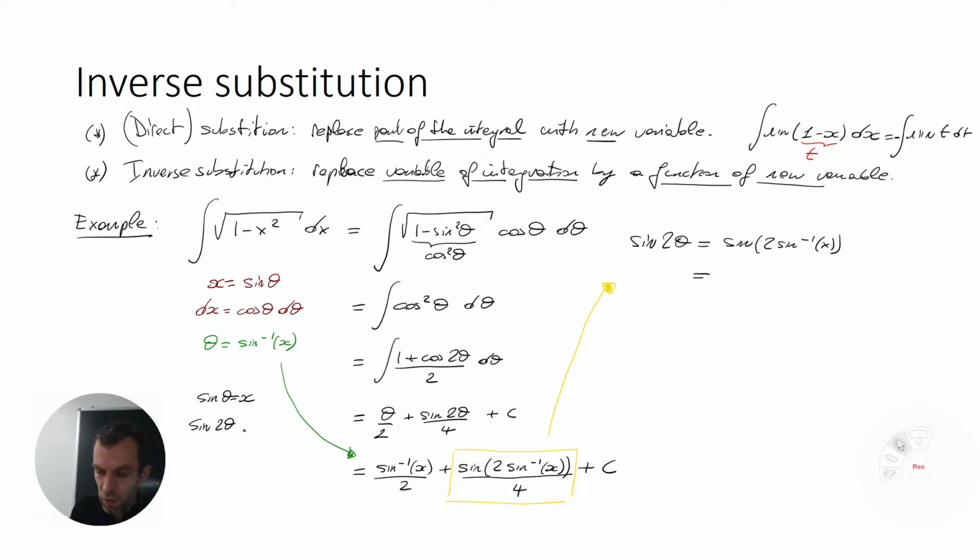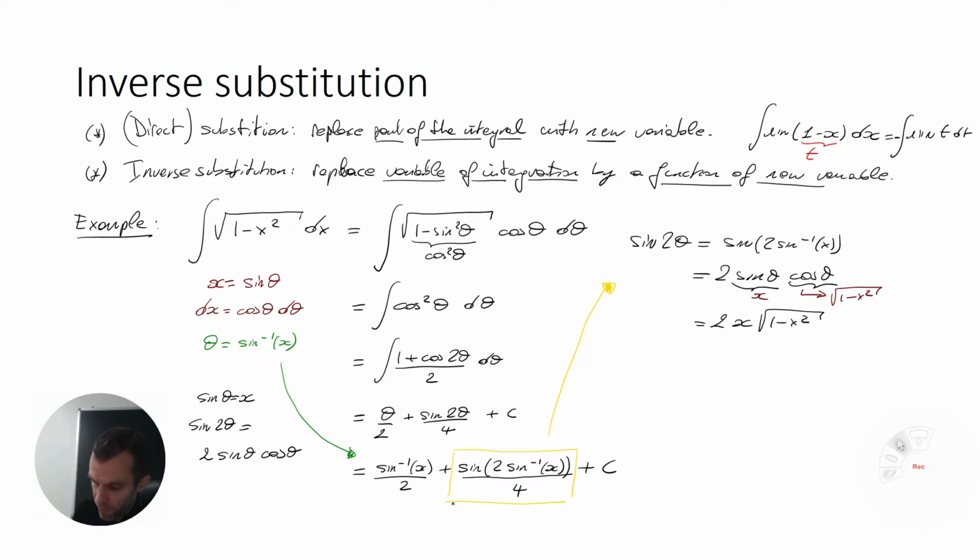We know that sine 2 theta is 2 times sine theta cosine theta. So let's use that. 2 times sine theta cosine theta. Sine theta by itself, that's x. And then cosine theta, that becomes square root of 1 minus x squared, because cosine is square root of 1 minus sine squared. So all in all, what we have for sine 2 theta is that this becomes 2 times x square root of 1 minus x squared.